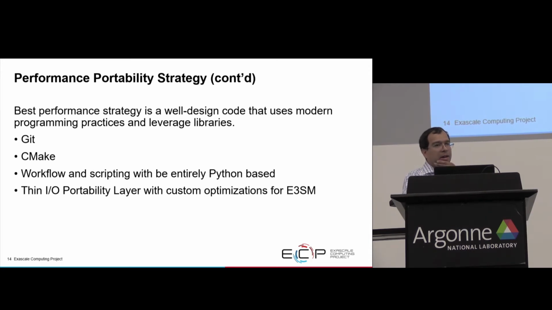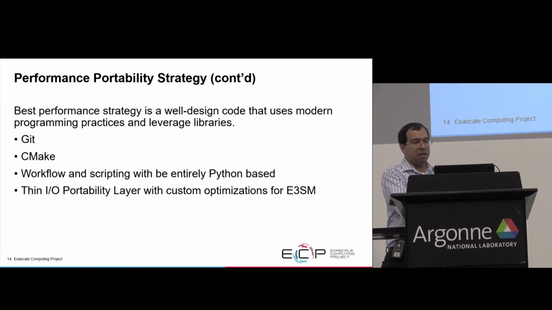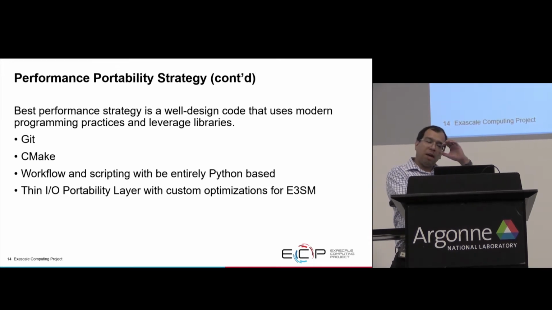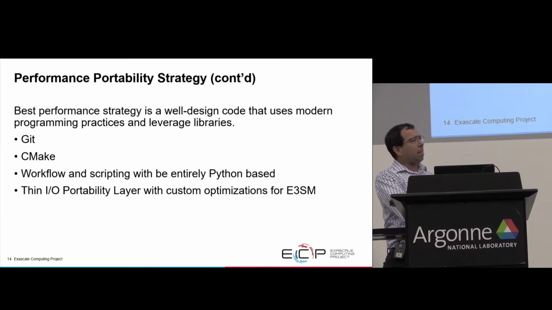And then just a general comment, I think the best performance portability strategy is really a well-designed code with modern programming practices, leveraging libraries. We're now using Git and CMake. We used to have multiple scripting languages like Perl, Python, and maybe Bash, and we're moving everything to Python.